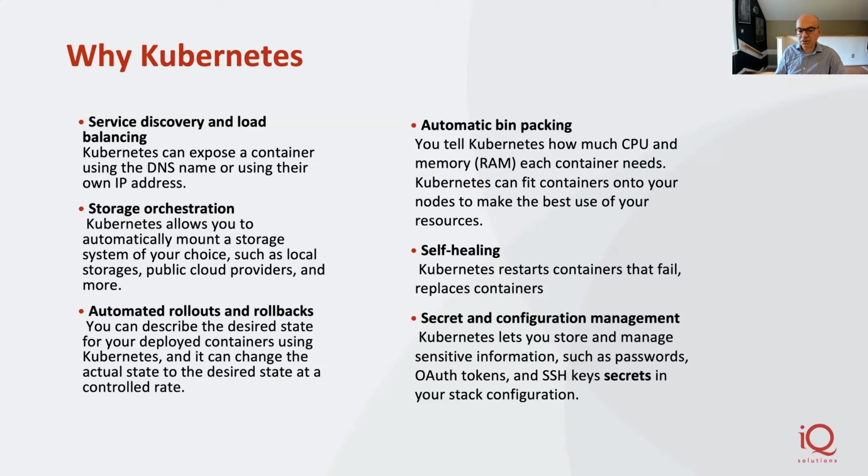We'll talk about some of the self-healing as we go along. And also secrets and configuration management. You're going to have keys, credentials for your certificates, your private keys, your logins to the database. All of those have to be managed someplace in a secure way, and Kubernetes provides you the ability to manage those secrets and configurations.